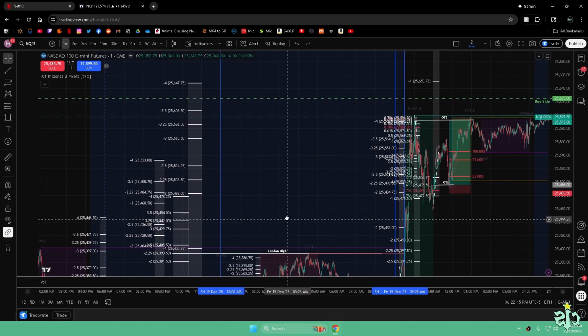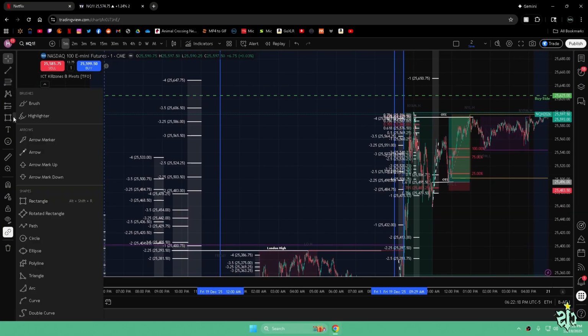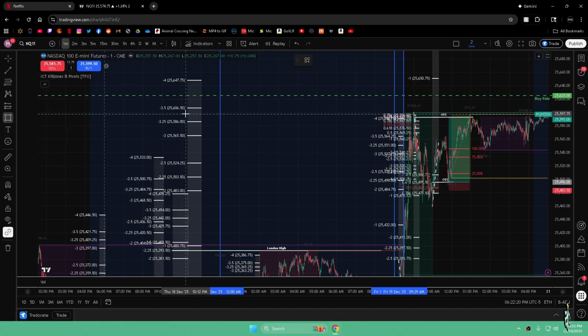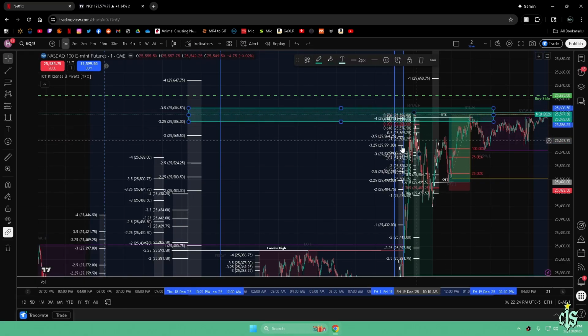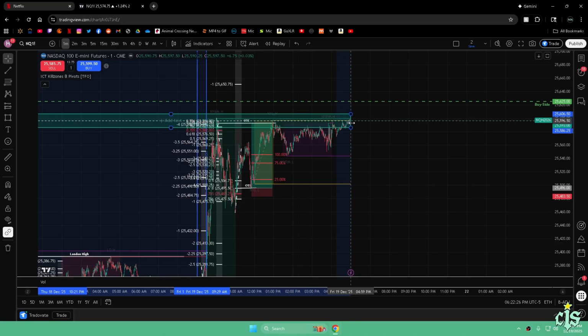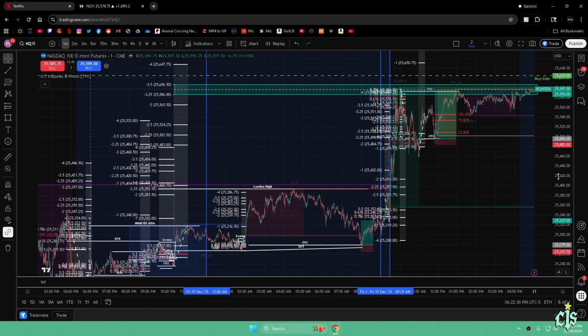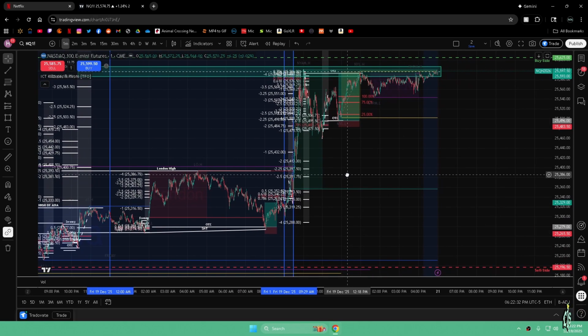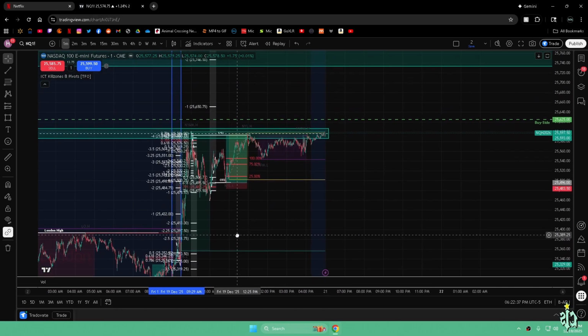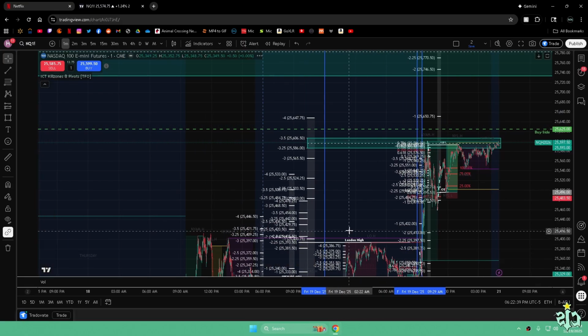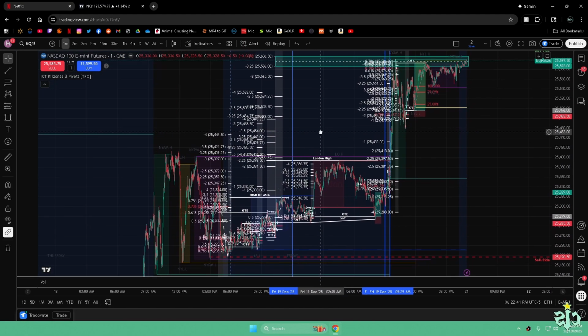And it helps you determine where market will struggle and where market might want to reach to, right? But yeah, just make sure if you're spamming the fibs, you're spamming the right ones.